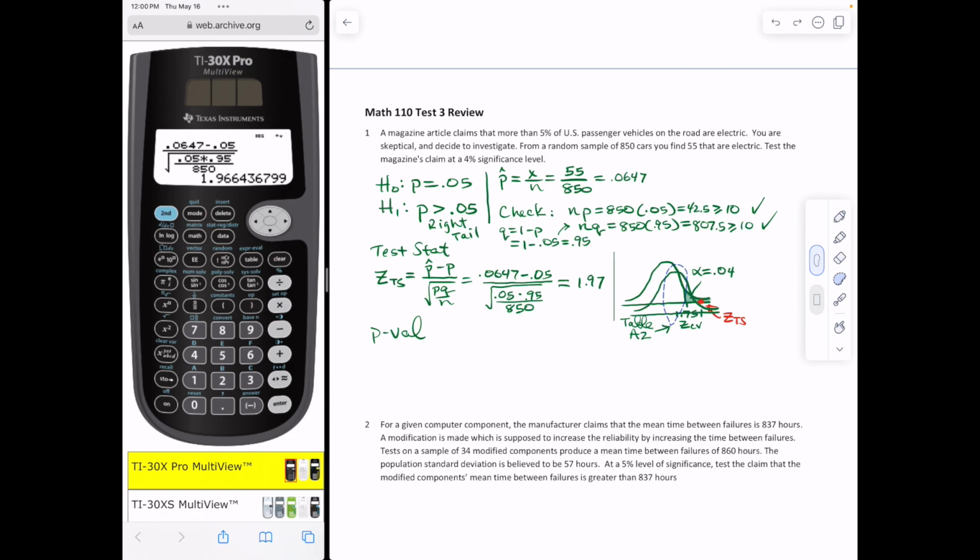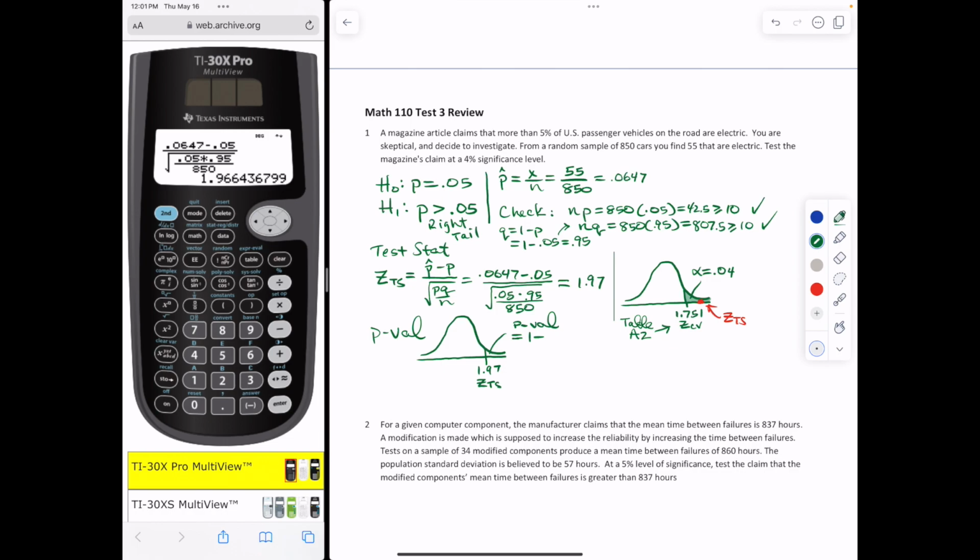Okay, so this time we're going to plot the Z test statistic, 1.97. Okay, and the tail, it's a right tail test, so we need that. This will be our p-value. And as you know, the table only gives left areas. We need the right area, so we'll do 1 minus whatever the table gives.